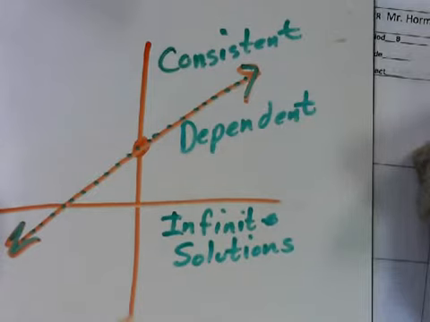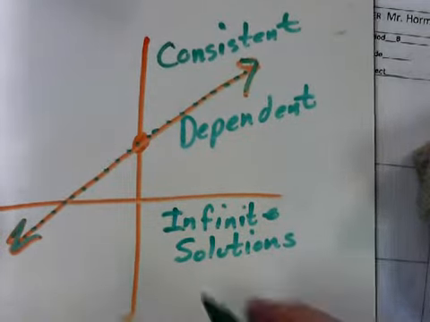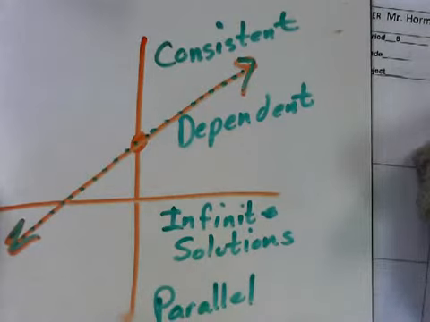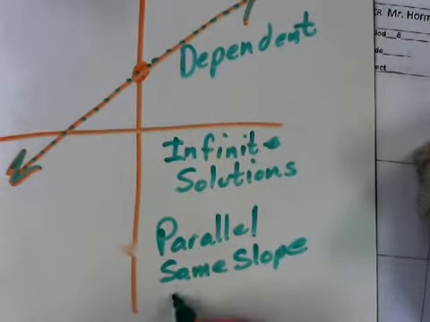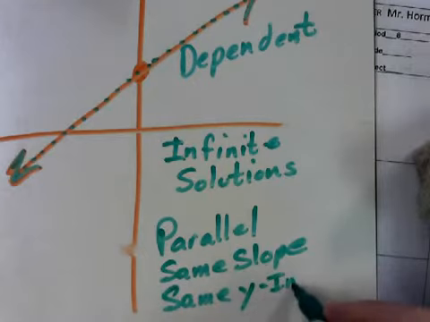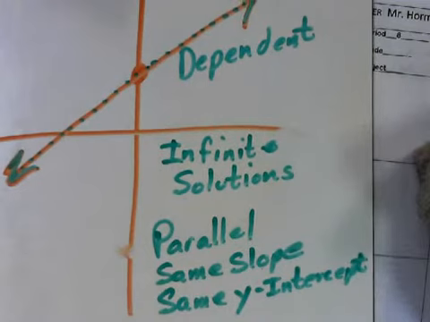So that means they have the same slope and the same y-intercept. Make sense? Okay?